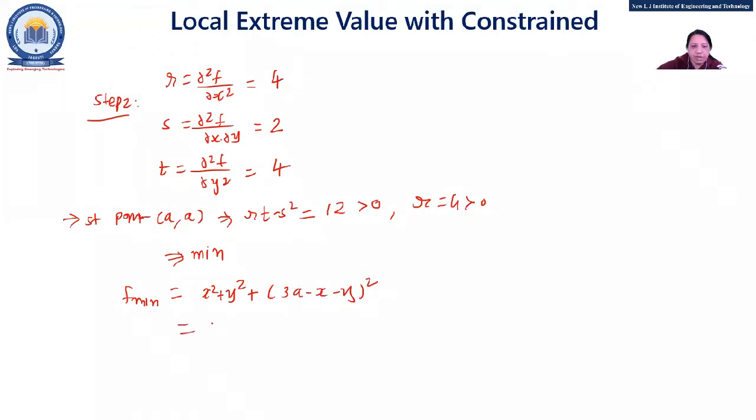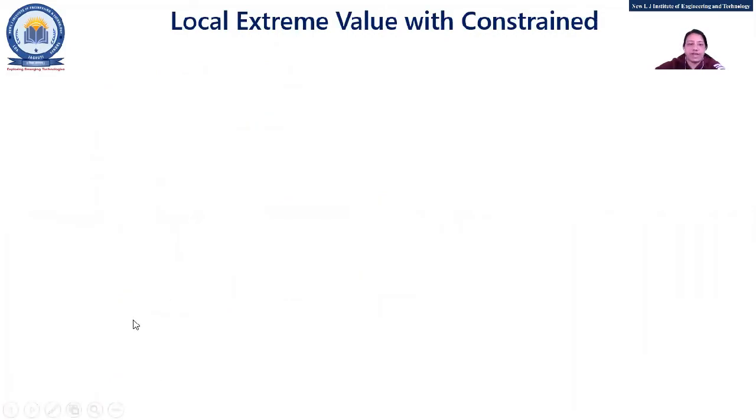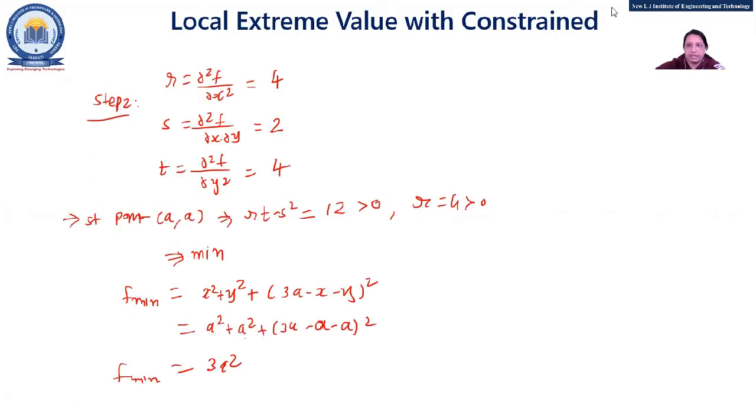Put in the values: a square plus a square plus (3a minus a minus a) square. 3a minus 2a leaves a, squared. So a square plus a square plus a square is 3a square. This is the final answer. Any doubt? Yes, 3a square. Any doubt with constraint?